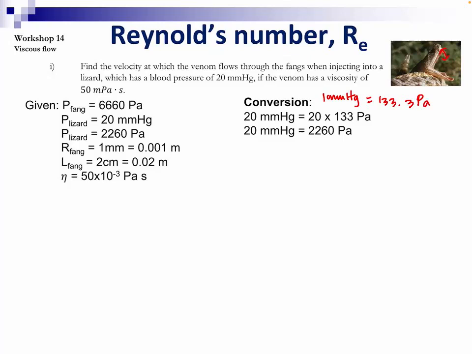So 20 millimeters of mercury will be 20 times 133.3. You now have the pressure of the lizard in pascals. The radius and the length of the fang were given in the original intro statement. Now we're given the viscosity of the venom.